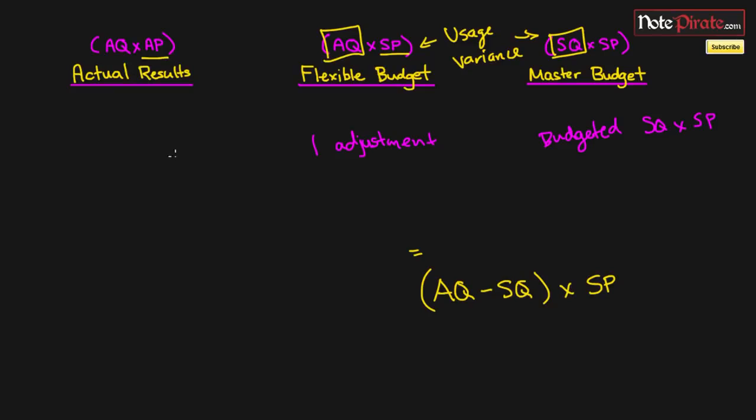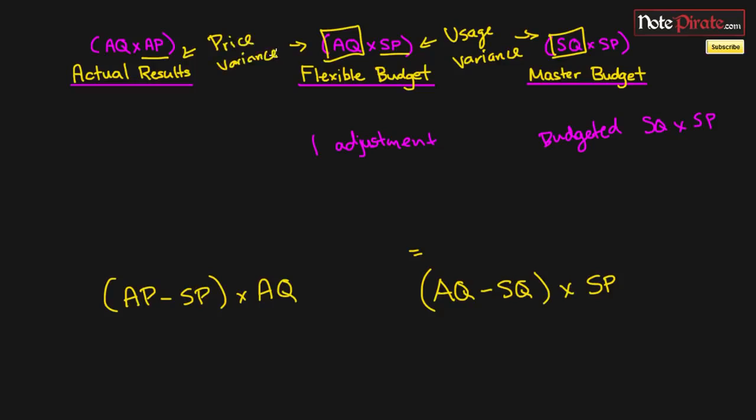So the difference is between the actual price and the standard price. So if we were to find a variance between the flexible and the actual results, it's going to be actual price minus the standard price times actual quantity, since that is the same. And that's going to yield a price variance.